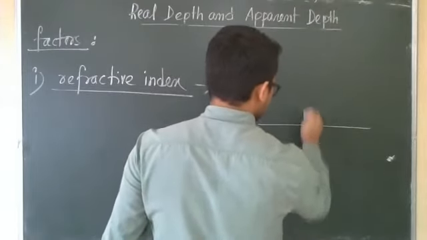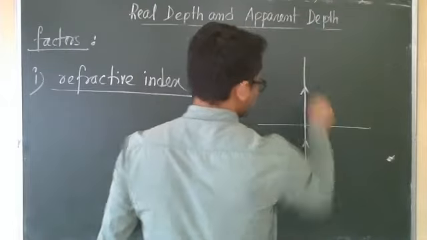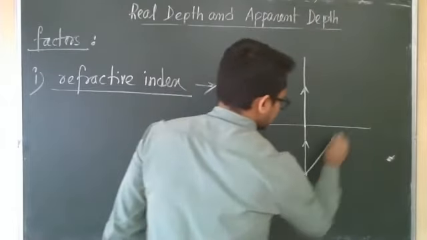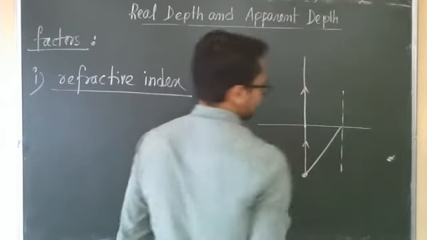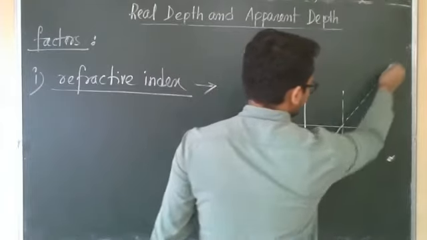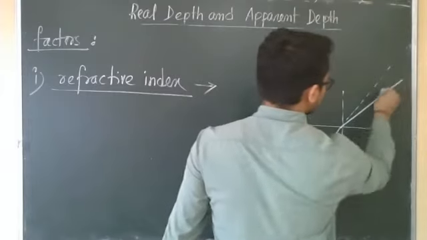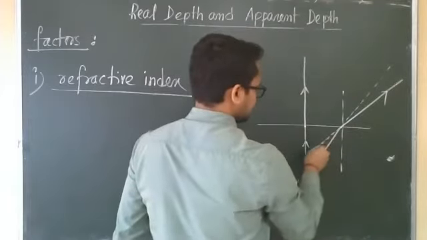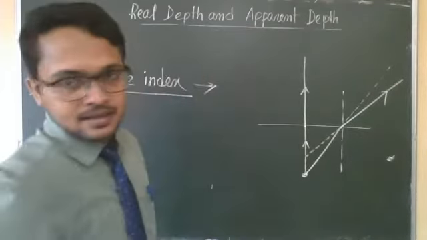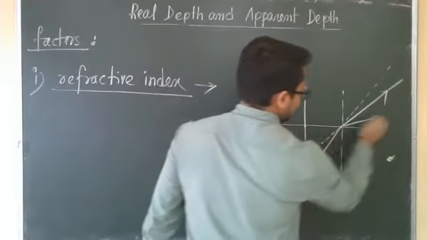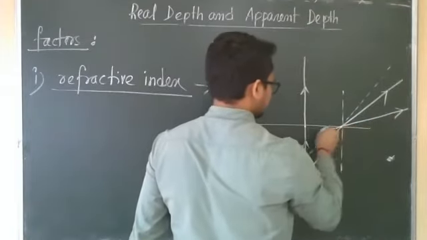This is one ray along the normal. Now this is another ray. This is the normal and this is the actual path. Obviously it will bend away from the normal. In one case, suppose this much bending, that means this is the shift. In another case, this much bending, and this is the shift.